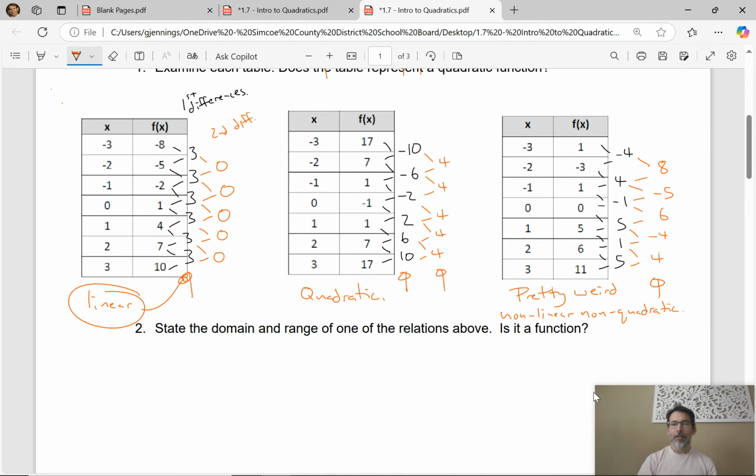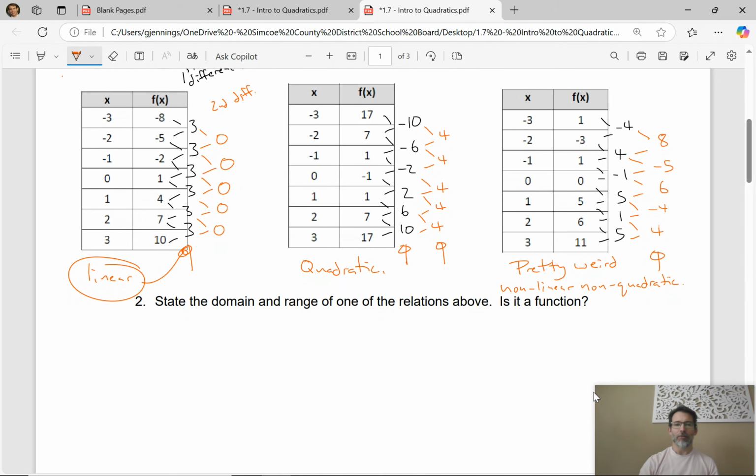Okay, so let's talk about domain and range of some of these functions. Let's talk about the quadratic one, that one there. So I'm going to look at this. See, that's our lowest value, and that's going to be related to the range. The domain starts at minus 3 and goes to 3.